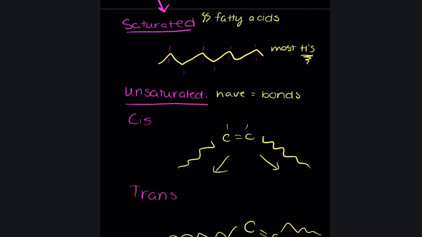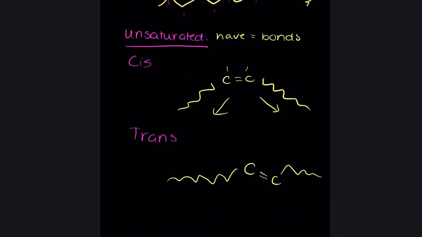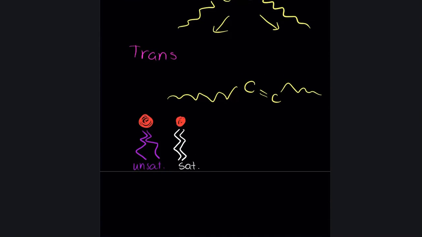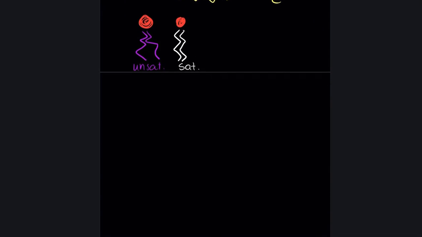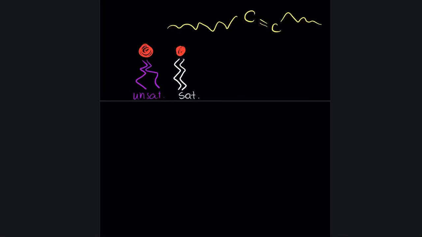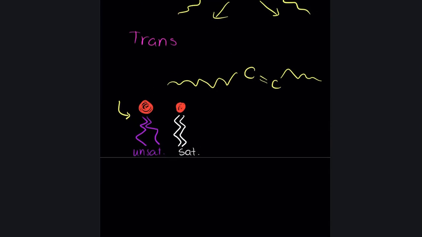And for trans, what happens is that they go on opposite sides of the double bond. They pack together extremely tightly, while in the cis, there are kinks. So now what happens is that if you have a double bond or an unsaturated fat, your phospholipid is going to look wonky like this.